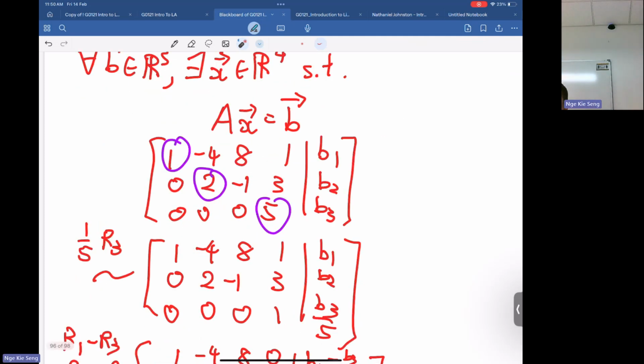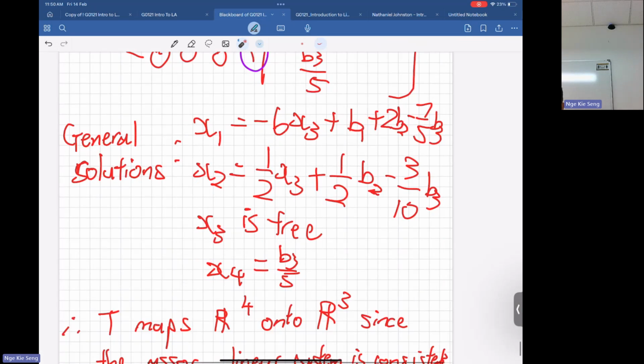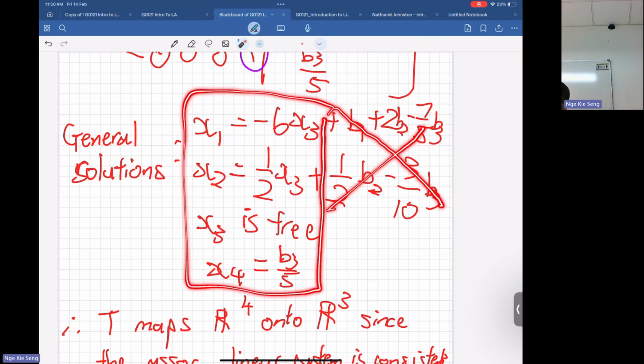Well, you can cheat a bit, right? We already did row reduction here. Instead of a random b here, you should put 0, 0, 0. So if you put 0 here, what happens? This part will disappear. But you still see a free variable here.